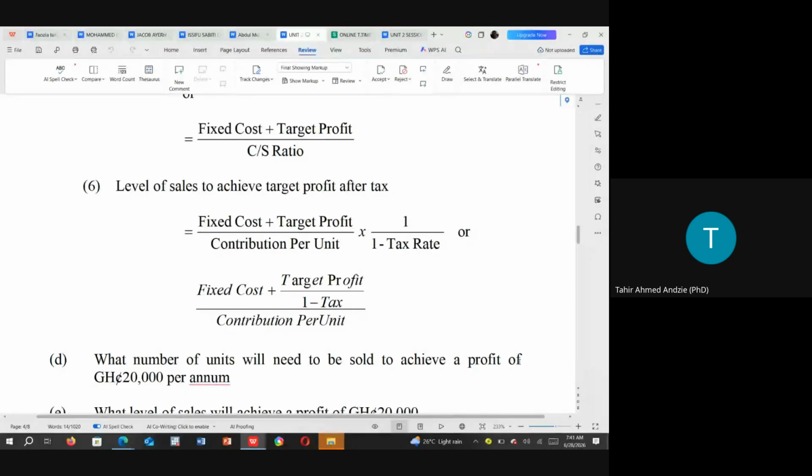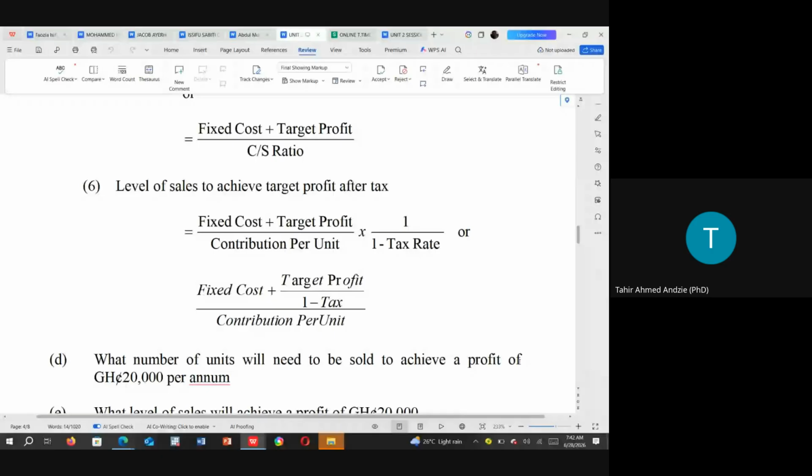Companies pay tax on their profit. And so if the firm wants to make a given target profit after paying the tax, then the target profit must be grossed up to include the tax element, so that when we add that to the fixed cost and divide by the contribution margin ratio, the quantity that we get, when multiplied by the selling price, will be able to cover the fixed costs and then make that given target profit after tax.